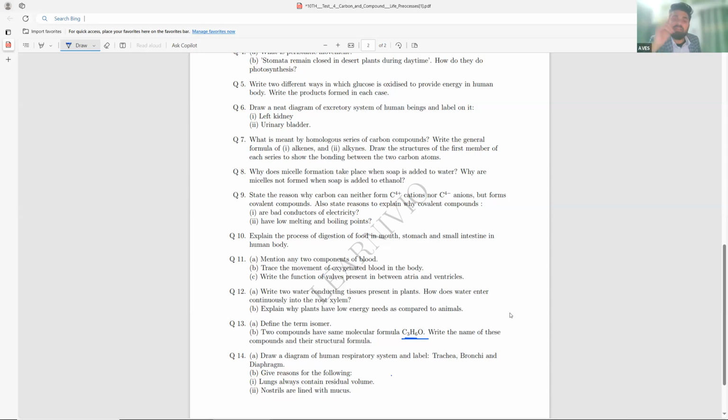And it helps in the continuity of respiration, so that the exchange of gases is continuously maintained for the next cycle, where we exhale carbon dioxide and inhale oxygen again. So in order to maintain the continuous exchange of gases in the lungs, there must be some residual volume.